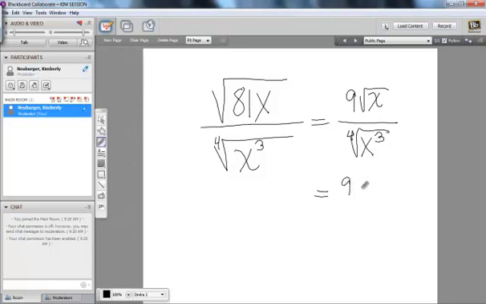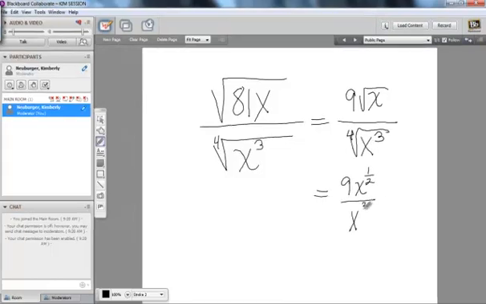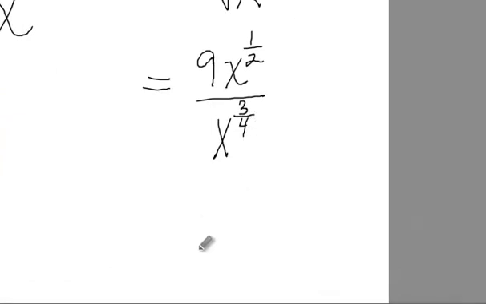The 9 will stay the same, but this x, when we have a square root, there's a little invisible 2, you can imagine, in that little part at the beginning of the radical. So this is really a 1/2 exponent. In the denominator, if we go to fractional exponents, that's a 3/4.